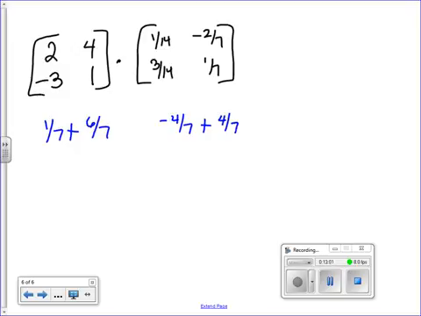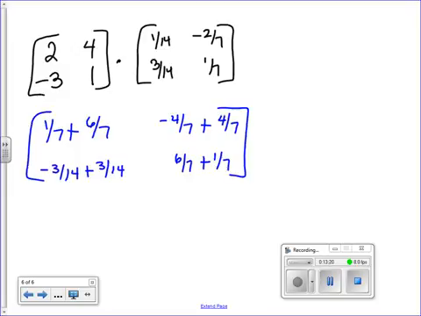Then you're going to have a negative 3/14 plus 3/14, and a positive 6/7 plus 1/7. Those are really hard fractions. 1, 0, 0, 1. Awesome. The identity matrix.